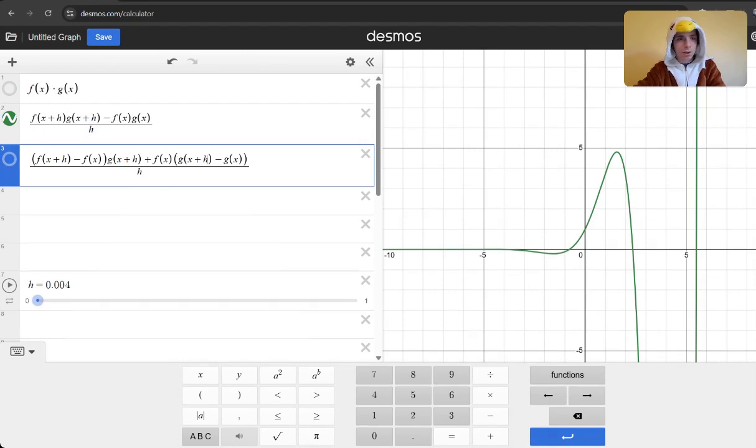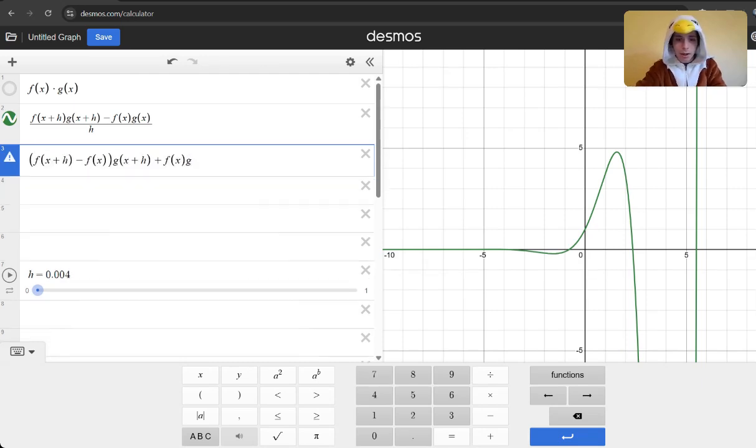And if you'll notice, these are the derivatives of f of x and g of x, because we have f of x plus h minus f of x over h and g of x plus h minus g of x over h. So the h can go away, and we have g prime of x, and this turns into f prime of x.